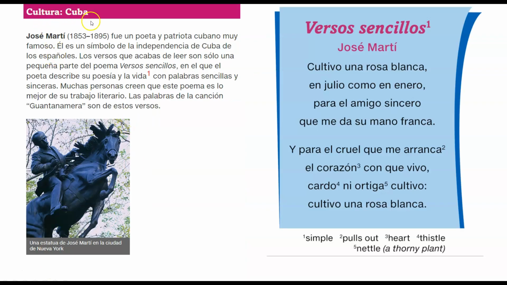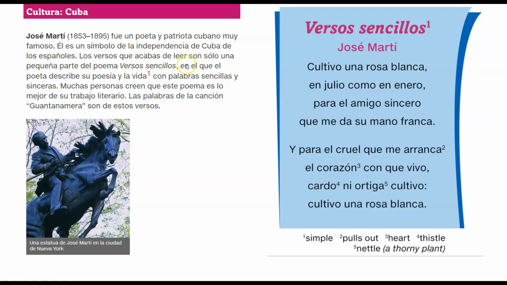And Cultura, Cuba, culture in Cuba. So this is a statue of Jose Marti in the city of New York. He was a poet and a Cuban patriot that was very famous. He is a symbol of the independence of Cuba from the Spaniards.